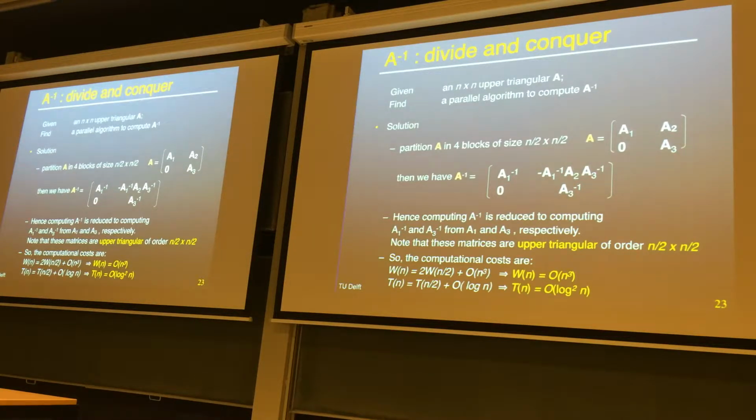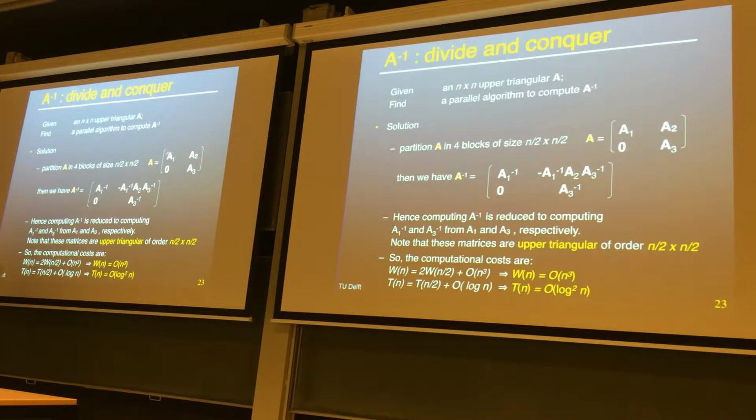So, if you look carefully now, you see that what is needed here in order to give you the inverse of A is only computing the inverse of the first subblock and the inverse of the next subblock.